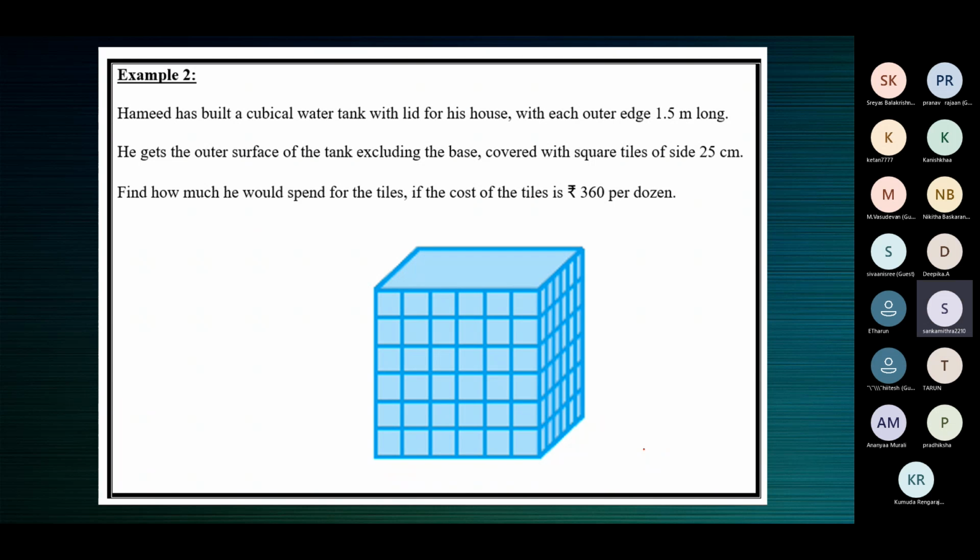Area of one tile. It's a square tile. If it is a rectangular tile, it's L into B. It's a square tile, so area of the square tile is side into side. And then how do we find the number of tiles? We found the area of the tank that is to be tiled up.